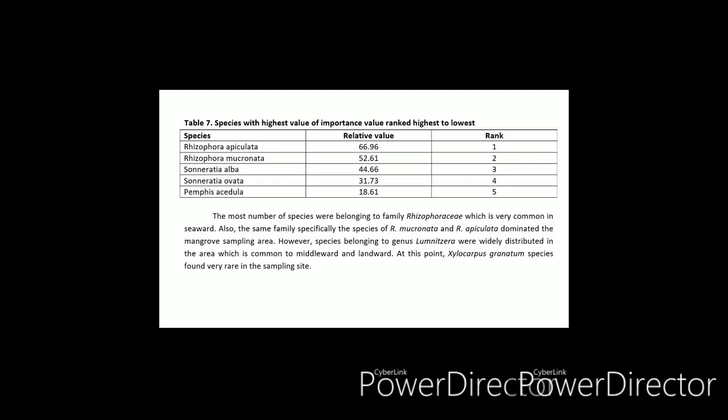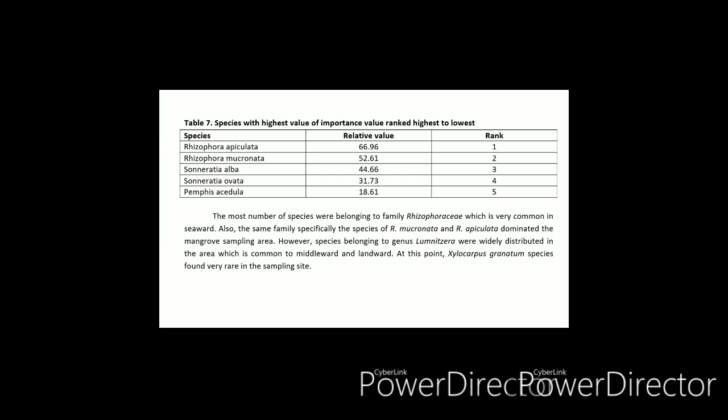Table 7, species with the highest importance value, ranked highest to lowest. We have species Rhizophora apiculata with an importance value of 66.96, which is rank 1. Rhizophora mucronata with 52.61, which is rank 2.